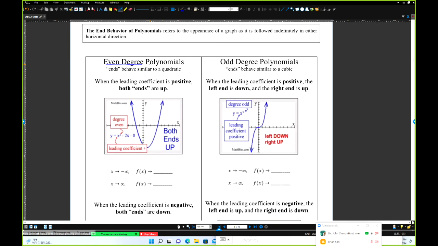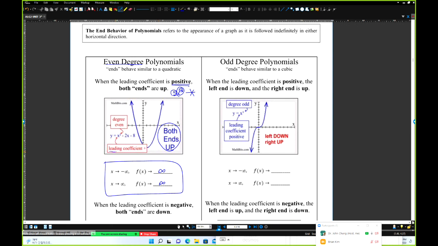Leading coefficient is positive, even degree, something like 5x to the 4. When x equals negative infinity, positive infinity, still positive. To the right, positive infinity, so both up.